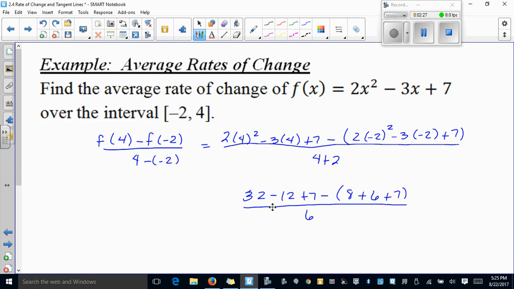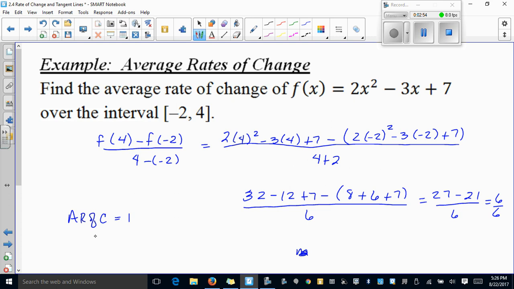And 8 plus 6 is 14, plus 7 more is 21. So you get 6 over 6, and the average rate of change is 1. So that's what we got on this one, and we're just using our slope formula.